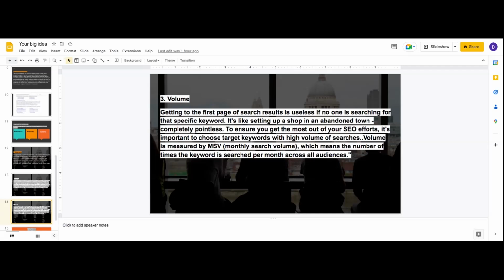You can't just write your content blindly without doing your research. So it's important to choose target keywords with high volumes of searches. Volume is measured by monthly search volume, which means the number of times a keyword is searched per month across all audiences. You can't just write about a keyword that has a search volume of 10 per month.